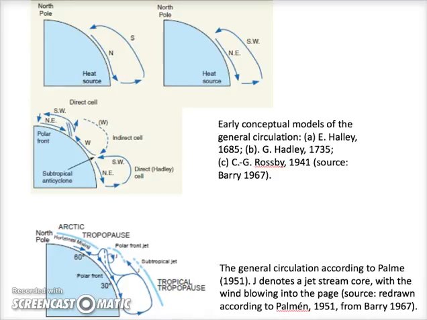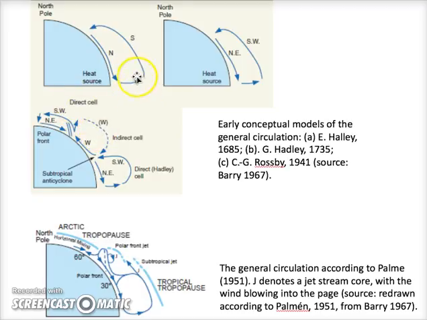The earliest attempt to suggest mechanisms for the general circulation of the atmosphere was introduced by Edmund Halley in 1685. He indicated a thermally direct meridional cell with maximum heating in low latitudes.